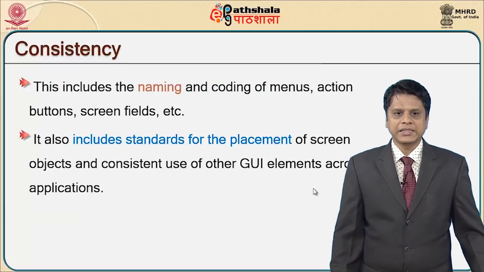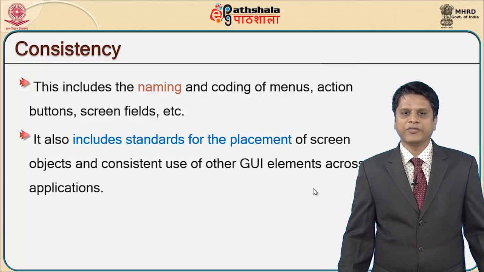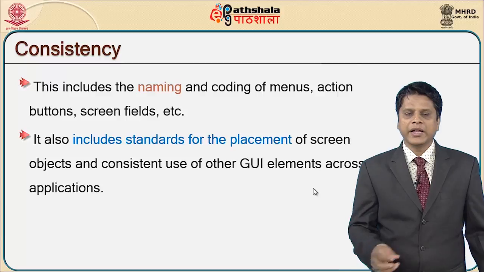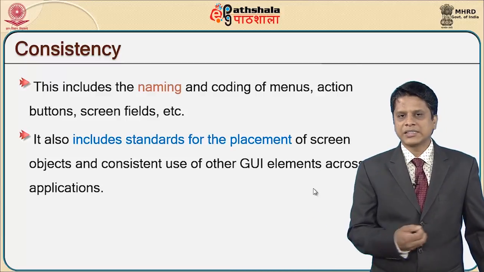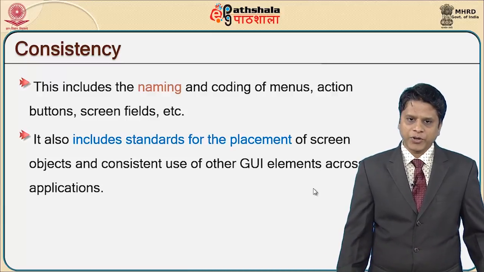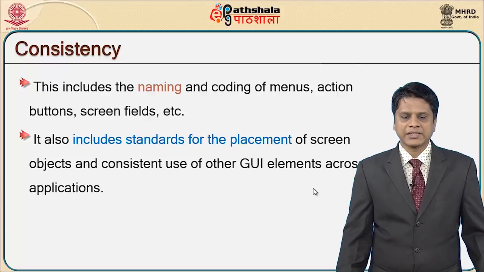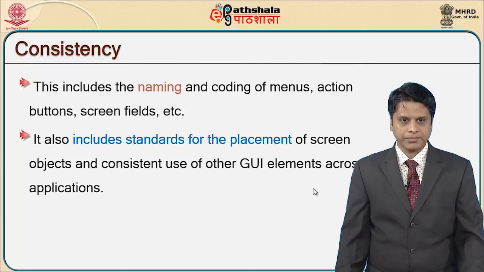Consistency includes the naming and coding of menus, action buttons, and screen fields. Say, for example, for login, it's a common name that we maintain over a period, so that it becomes consistent for any number of forms that we create. It also includes standards for placement of screen objects and consistent use of other GUI elements across the applications.